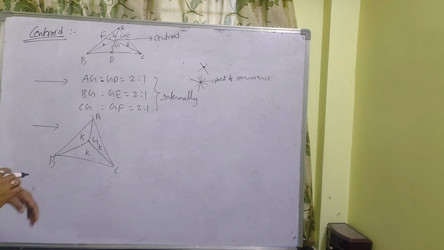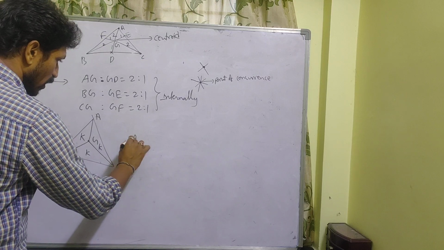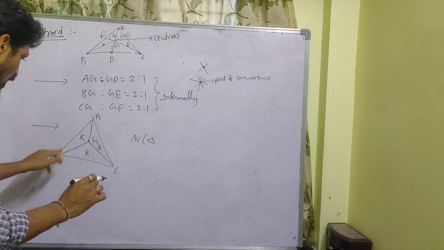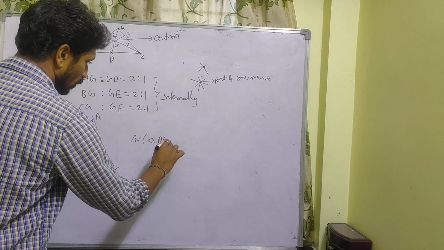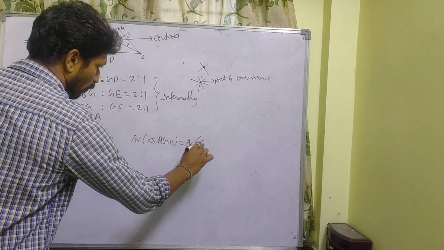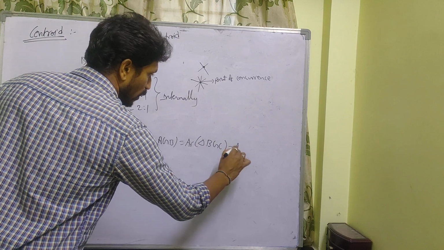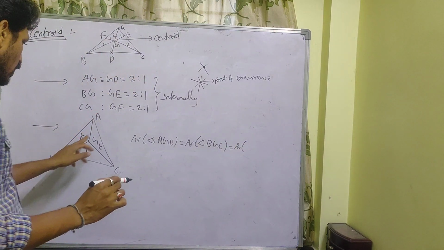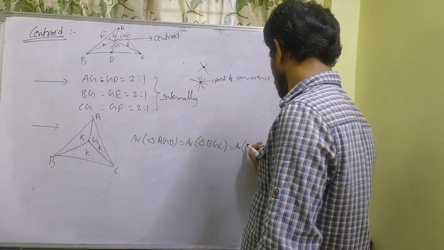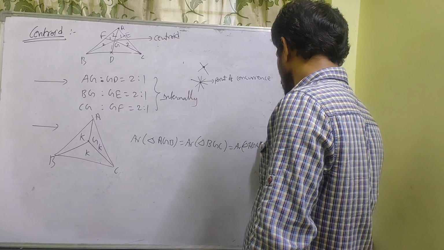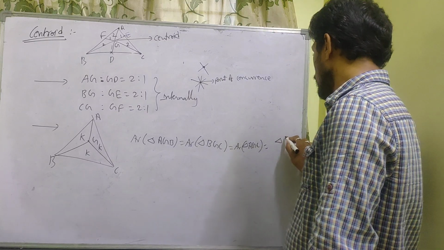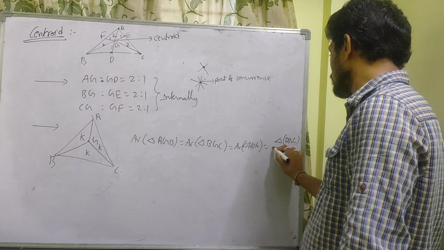Then what can you conclude? Area of triangle AGB is equal to area of triangle BGC is equal to area of triangle AGC is equal to area of triangle ABC by 3.